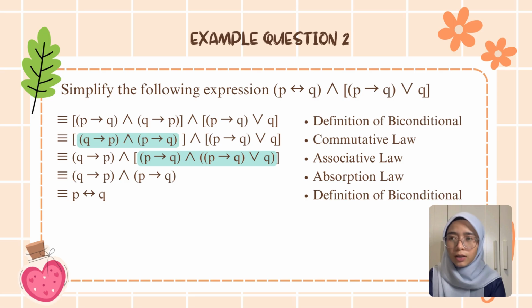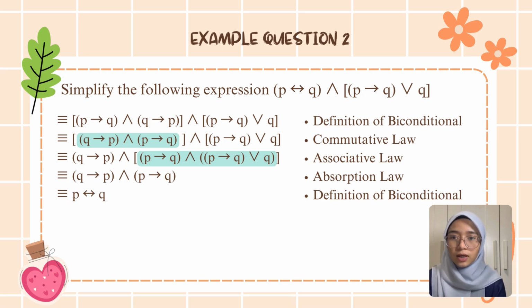Since I see there is the same statement, P implies Q, twice, I want to associate the parentheses. So I'm using the associative law, and it becomes Q implies P and P implies Q and P implies Q or Q. It's just the same, just changing the parentheses order.